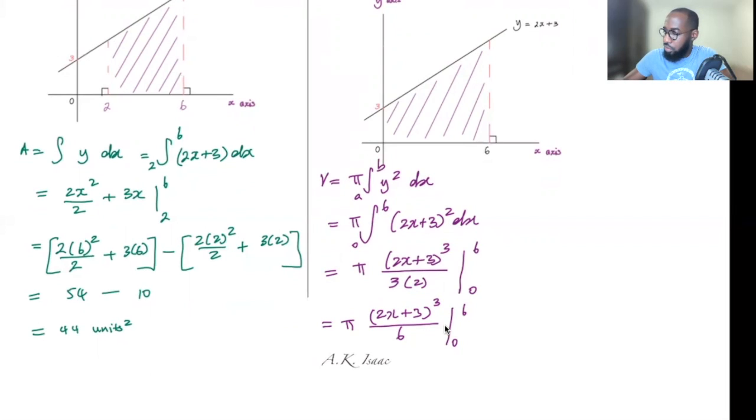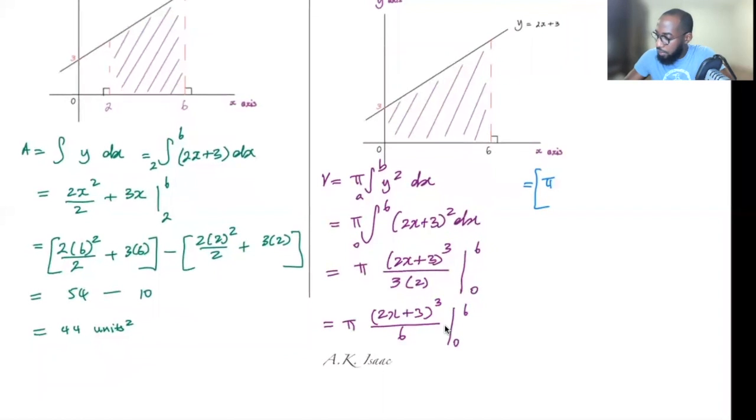So just to continue on this side, we have pi, and we deal with 6 first. Minus, then we deal with 0 now.